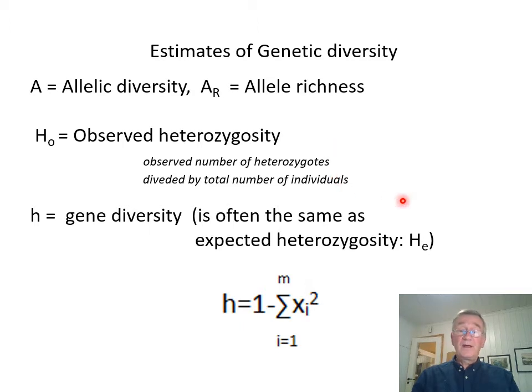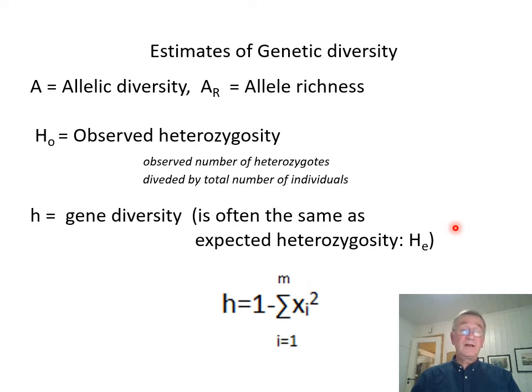And a third way of looking at this is to say what we call the expected heterozygosity. How many individuals do we expect to be heterozygous?